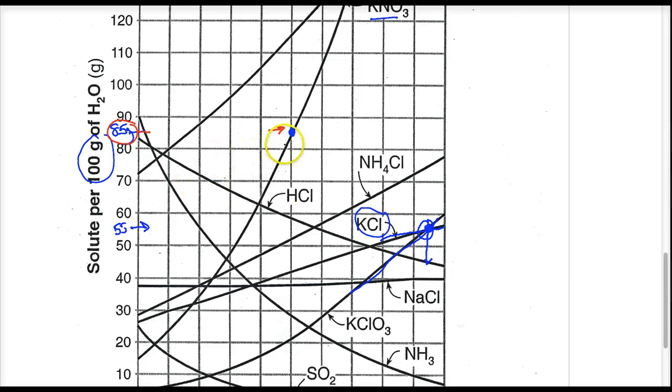Now I'm going to cool it 10 degrees, and notice the solubility drops. I still have 85, but now I'm way above the line. I was saturated, but as the temperature drops, the solubility drops, and now I'm this much above the line.